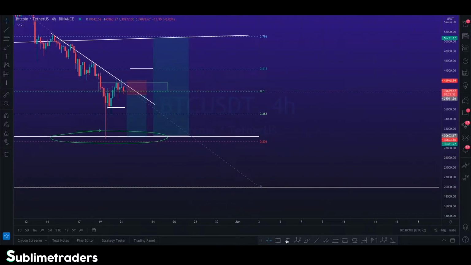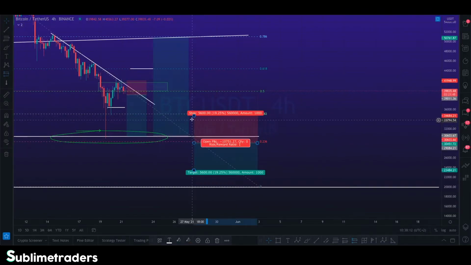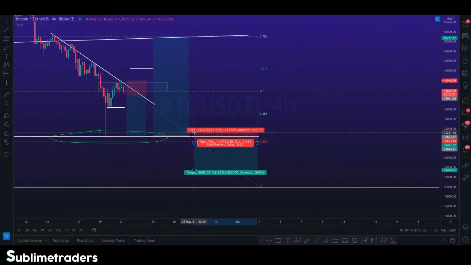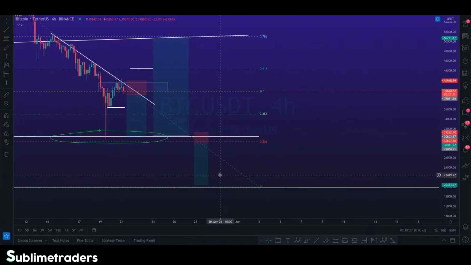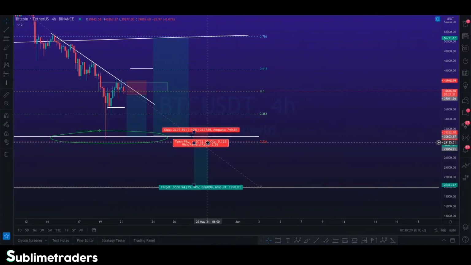So in this case, we have another two possibilities. One would be a short with a pretty tight stop loss and a target of 20k, more or less. Of course, don't use round numbers, guys. Just 20.4 should do it. It's not $600 that would make your fortune in this case.